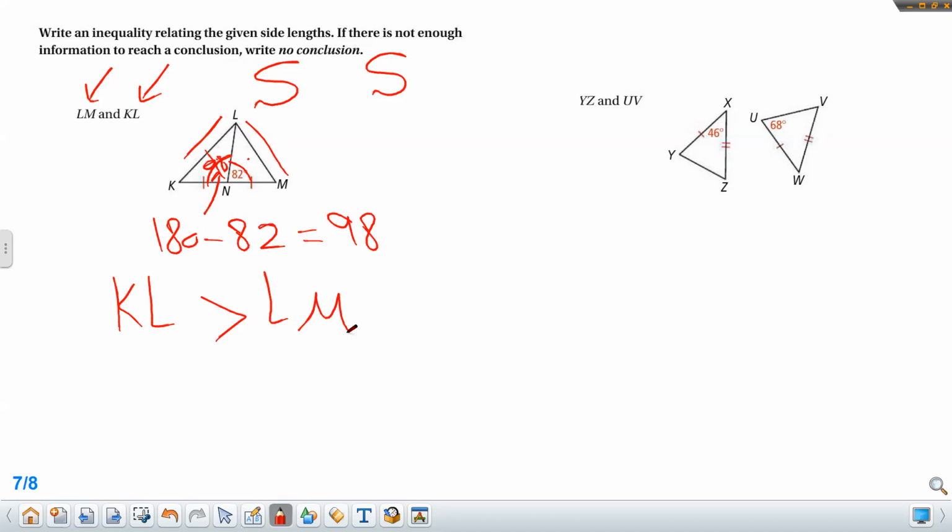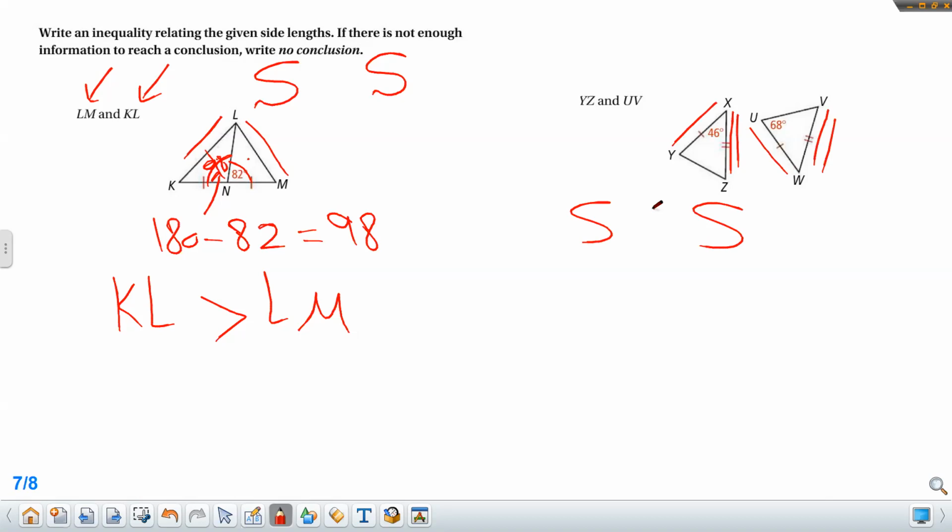Okay, second question and the last one. YZ and UV. First, check two sides. Yes, XY equals UW and XZ equals VW. Okay, so we have two sides. What about the included angle or the third side?